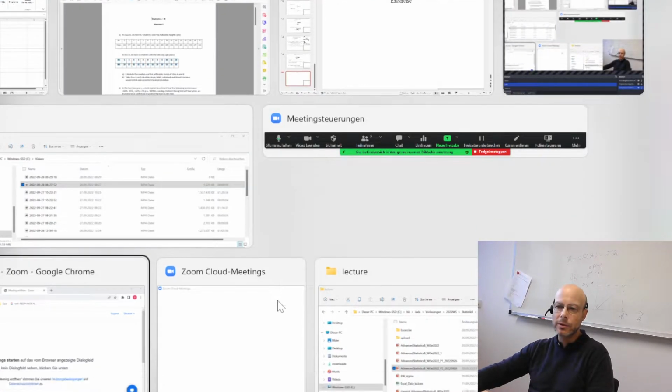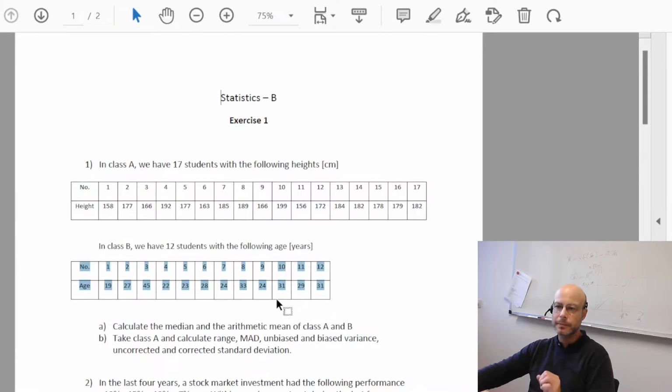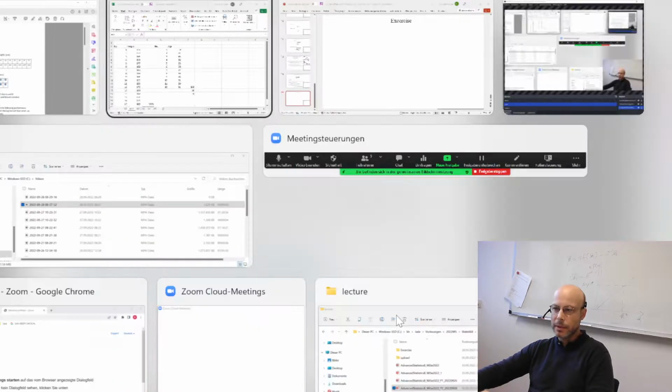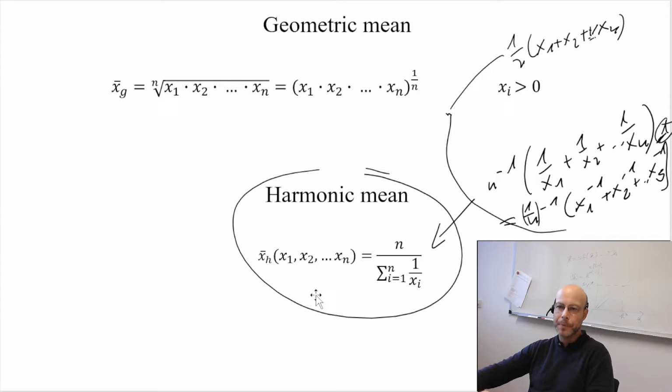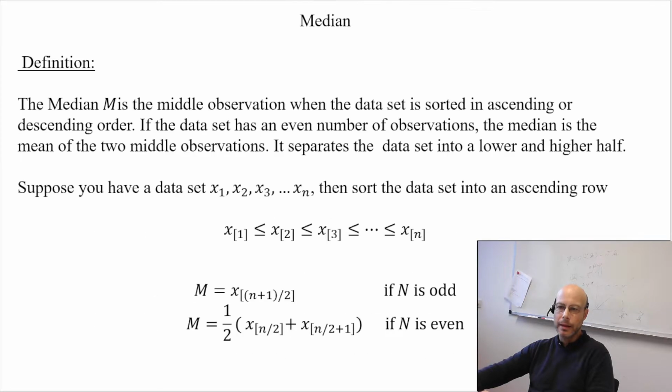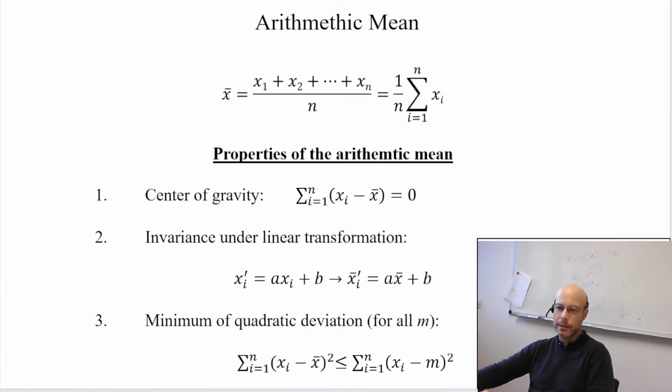So what else should we do? Take class A and calculate the range, the mean absolute deviation, and the biased and unbiased variance. For this we just need our formulas.